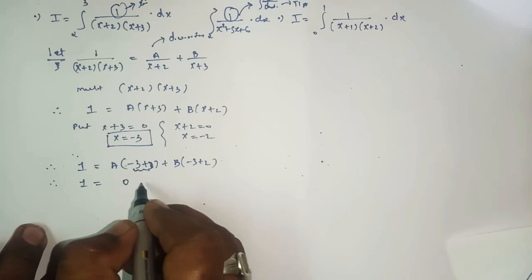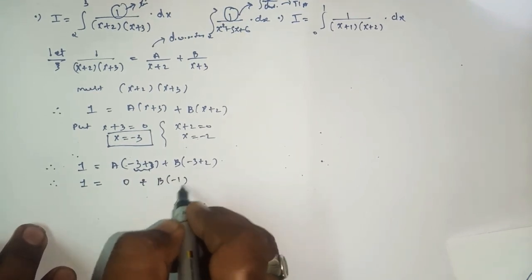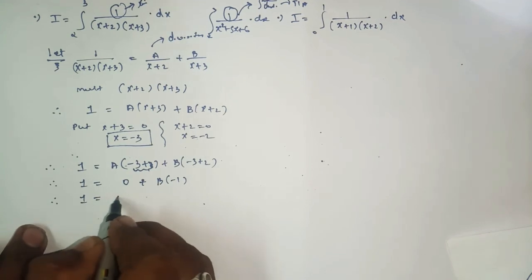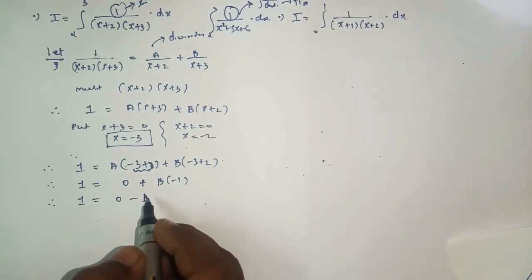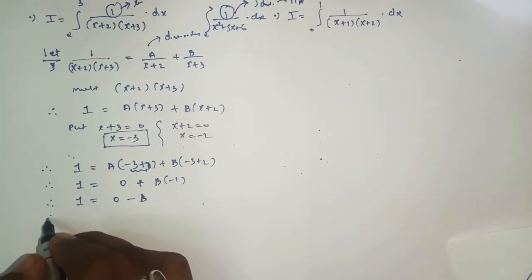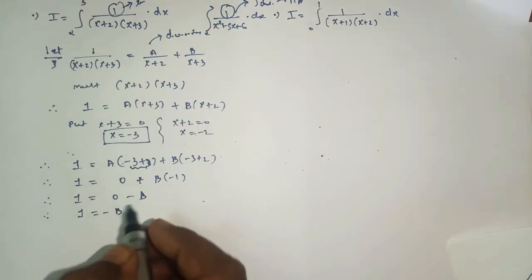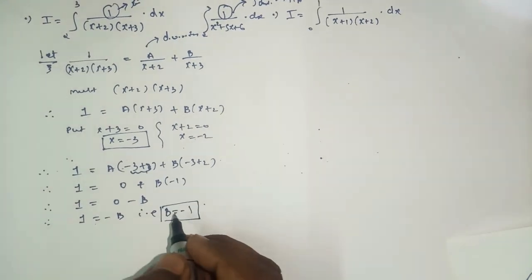So 0 into a number will be 0, and here minus 3 plus 2, it is minus 1. So therefore 1 equals 0 minus b. Okay, so therefore 1 equals minus b, so we can say b value is minus 1.